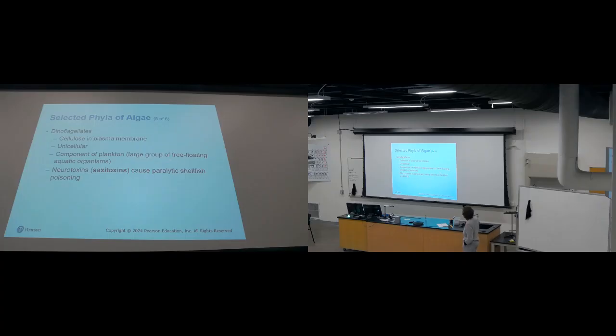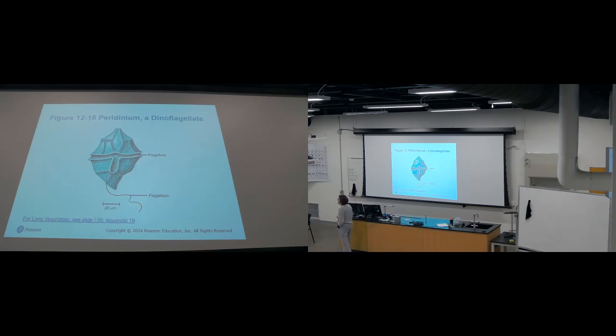So these cause paralytic shellfish poisoning. And again, this is one of the ones that it is very important for people to not ingest this type of shellfish when they are contaminated with these dinoflagellates.